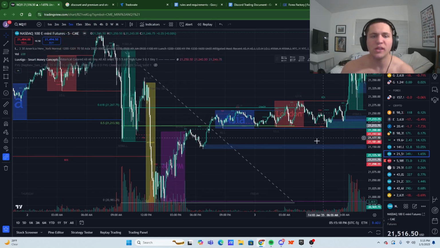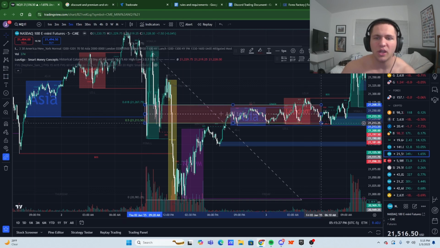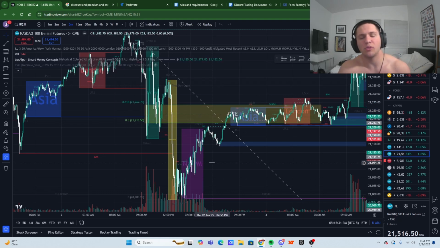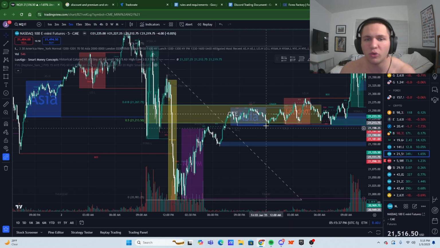Now two key levels on the Fibonacci tool are the 0.618 to 0.5, all right? This range is what's known as the equilibrium range. Obviously, the 0.5 is going to be the equilibrium because it's the middle of a 0 to 1 range, right? But 0.618 is what's called the golden level.